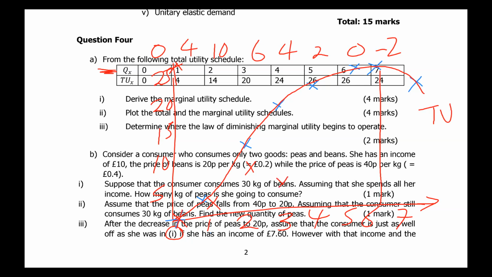Then 4,4, and 5,2, so just above here. And 6,0 here at 0, and then it's 7, negative 2. So it has become a negative slope.